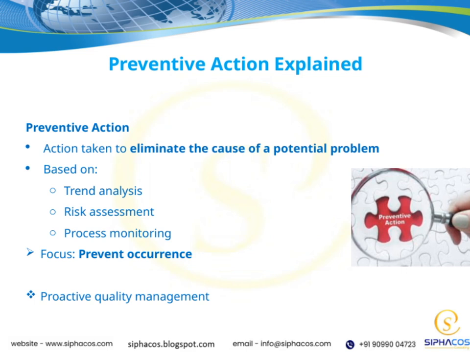This approach aligns perfectly with proactive quality management, where the goal is to build quality into our processes from the start. So, in summary, preventive action is about using data and proactive strategies to keep problems from happening in the first place, ensuring smoother operations and higher quality outcomes.